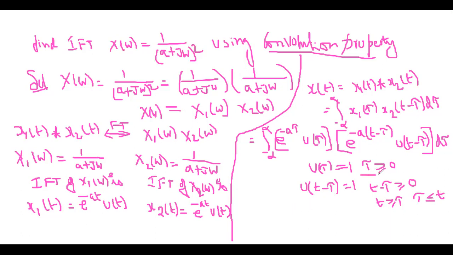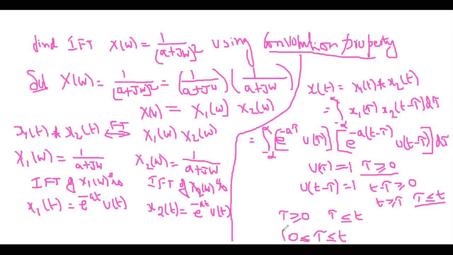Now we have two ranges for the tau, for keeping mu of tau as 1 and mu of t minus tau also as 1. There is tau greater than or equal to 0, and tau less than or equal to t. So using these two, the combined range is 0 less than or equal to tau less than or equal to t.